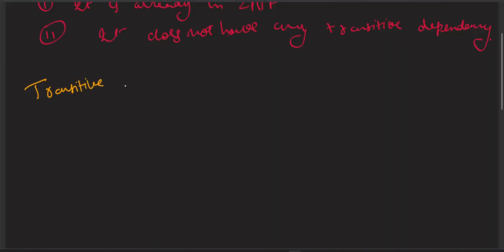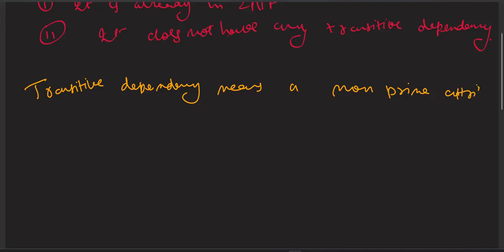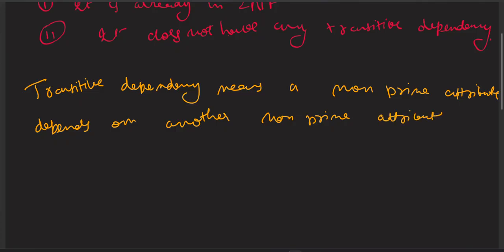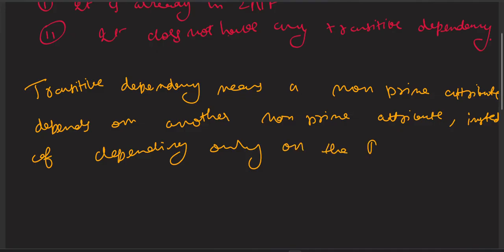Transitive dependency means a non-prime attribute depends on another non-prime attribute instead of depending only on the primary key.